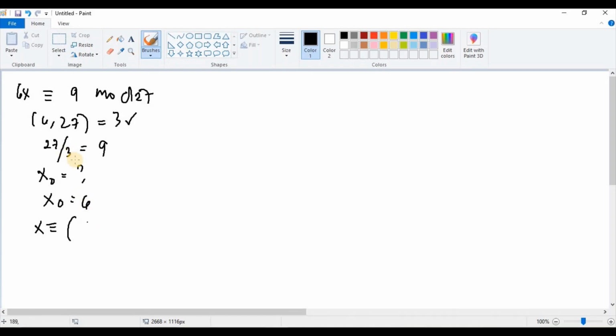Therefore, our values would be 6 plus 9, 15, plus 9 is 24. Yan. Mod 27. Okay? So, ganun. That is how you'll find your linear or solve your linear congruences. Okay.